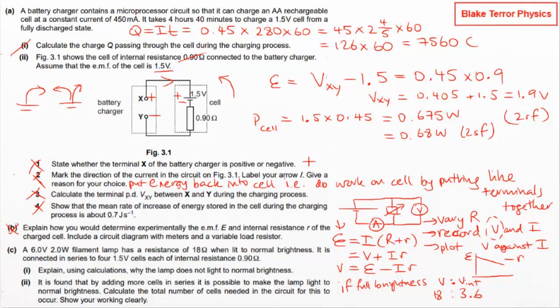We have to have that ratio in order to have it at full brightness, because at full brightness it's 18 ohms. So that would be our ratio of voltages, right? So 3.6, that's why they've given us these 0.9s. It makes it quite easy. So that's a 5-to-1 ratio.